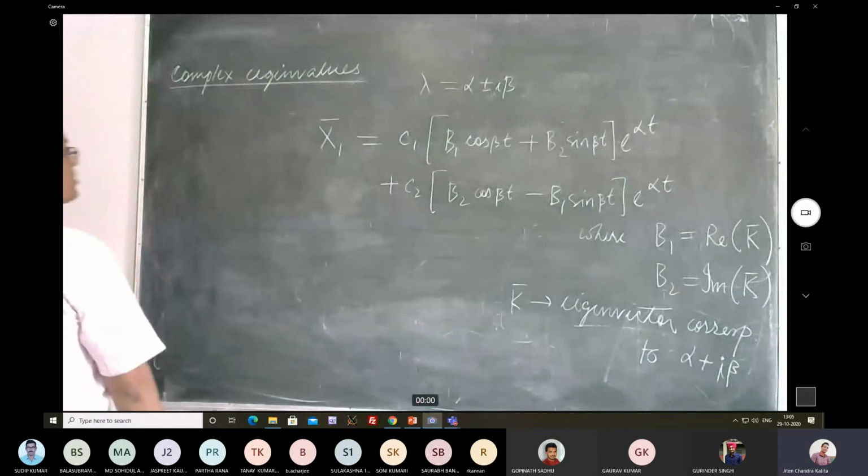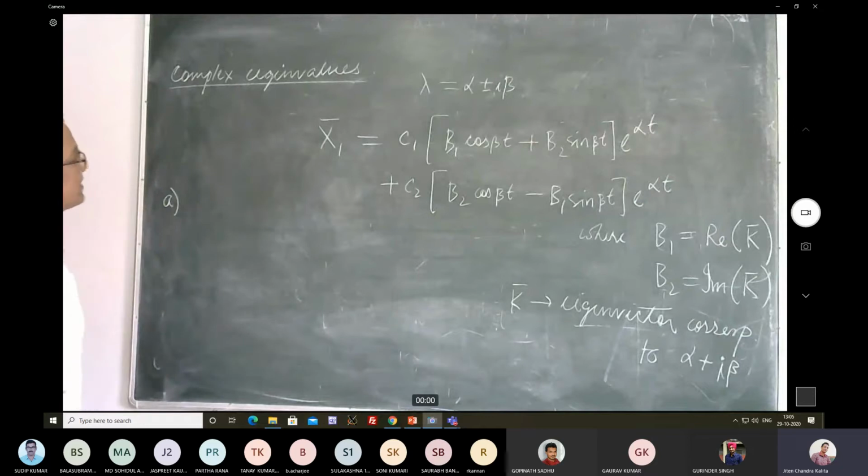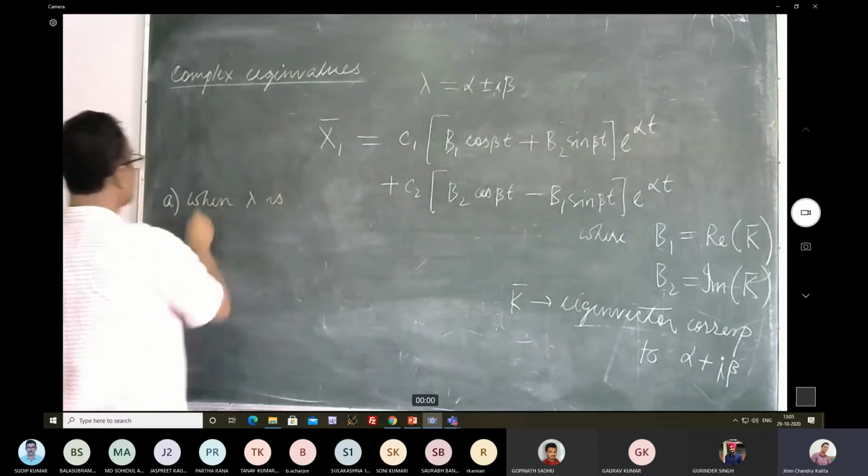Now, let us consider two cases here. Case A is when lambda is pure imaginary.